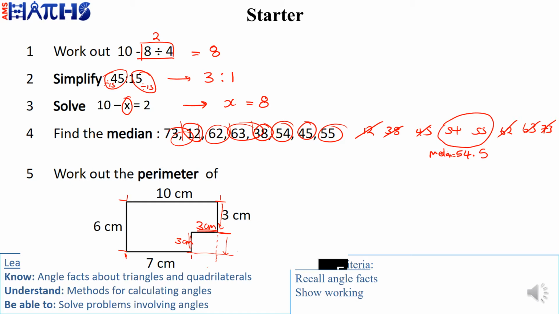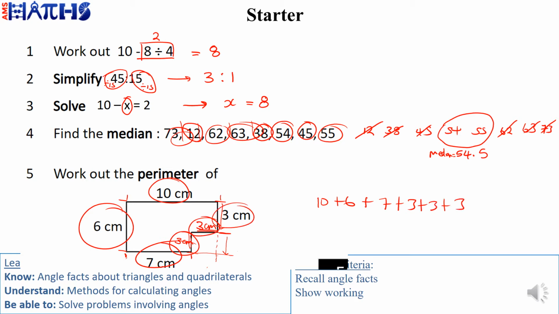So what we need to do is add the sides now. 10 plus 6 plus 7 plus 3 plus 3 plus 3. All right, and just add that, we'll get 16, 26, 29, 32. So our perimeter is 32 centimeters.